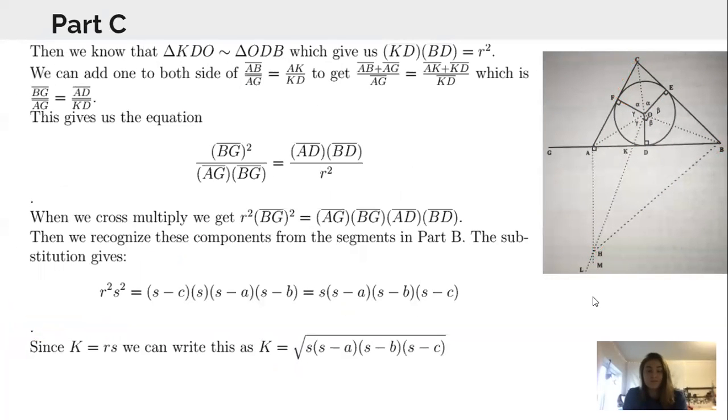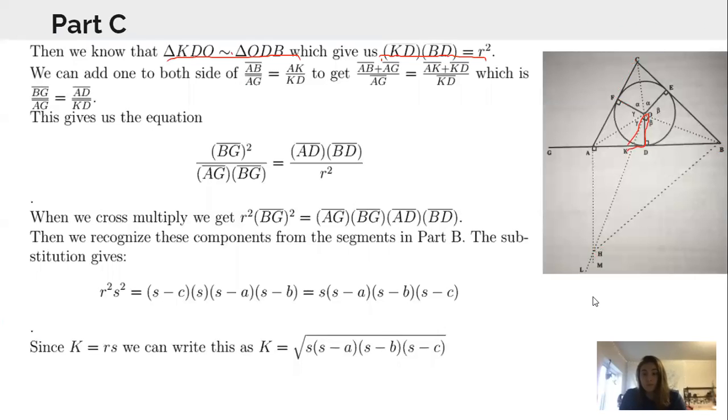Okay. Now this is the last part where everything starts to come together. So we know that these two triangles right here, which are similar, give us the segment KD times KB, which is just R squared. So where's triangle KDO? KDO is right here, okay?